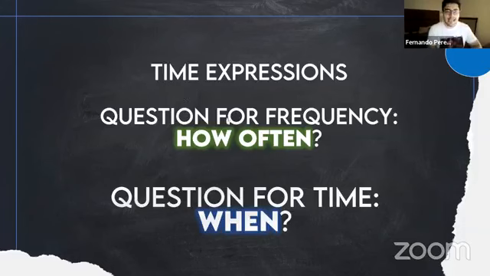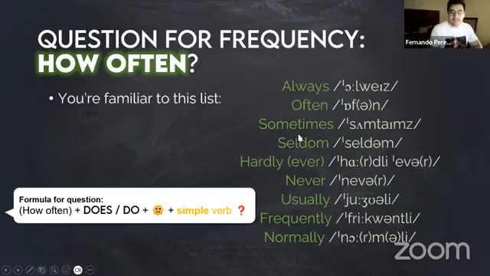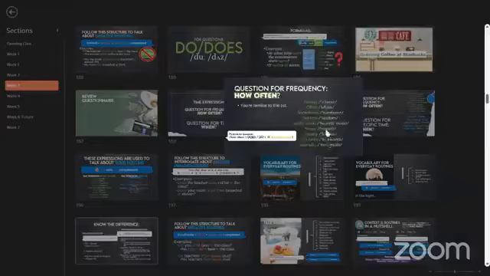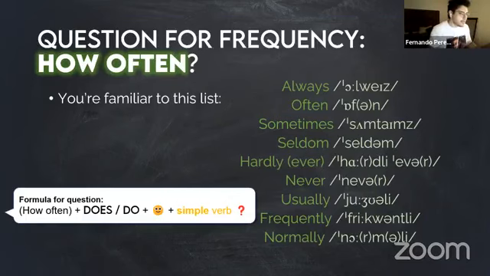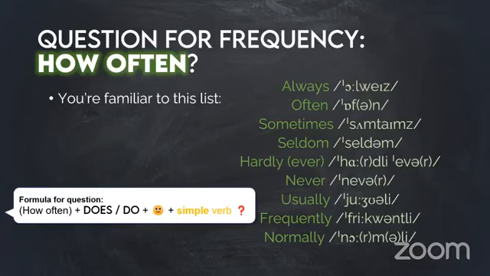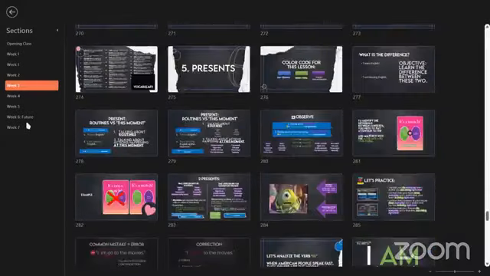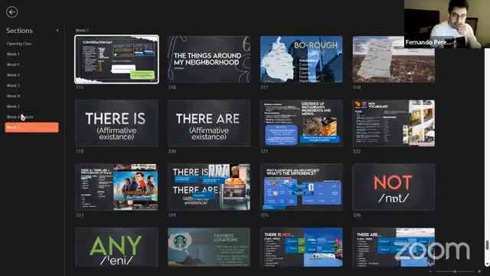When you question how often, the answer is always, often, sometimes, seldom, etc. So we usually use this question together with auxiliary do and does to speak about routines. Okay. So is how often do.